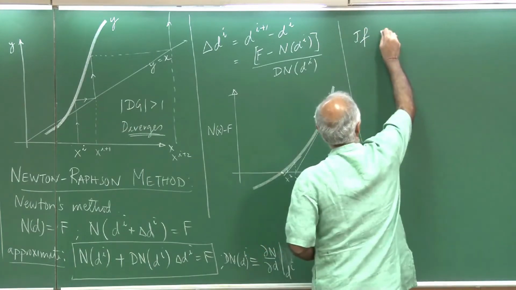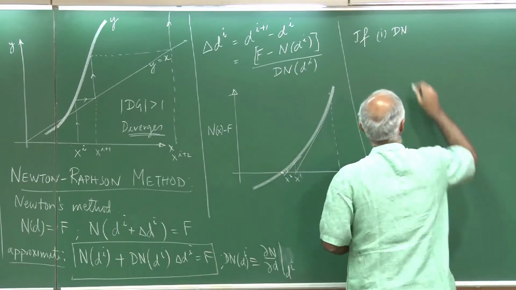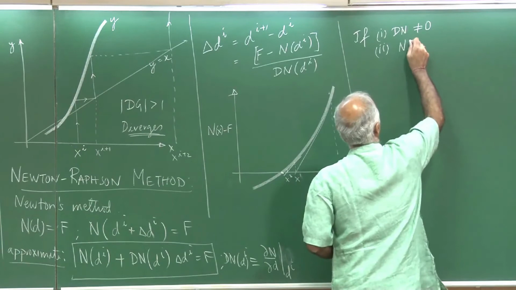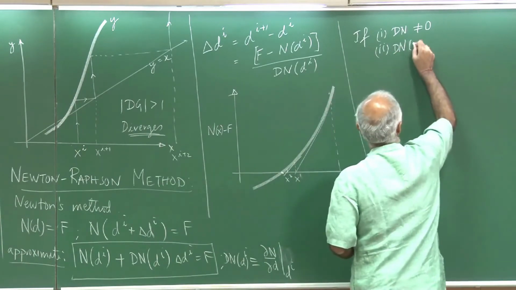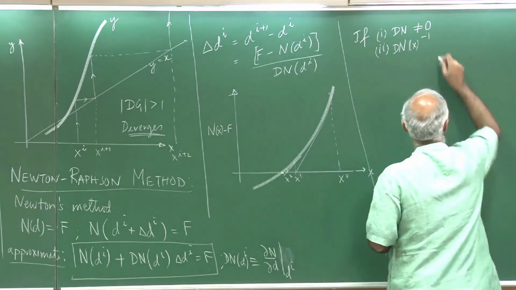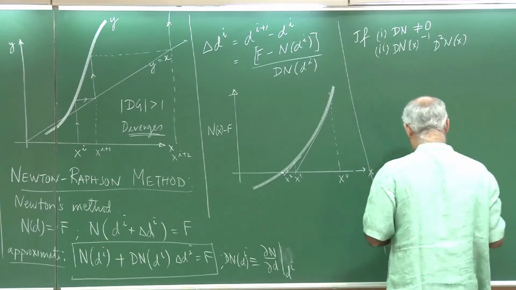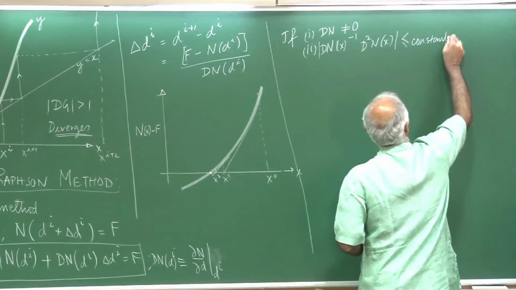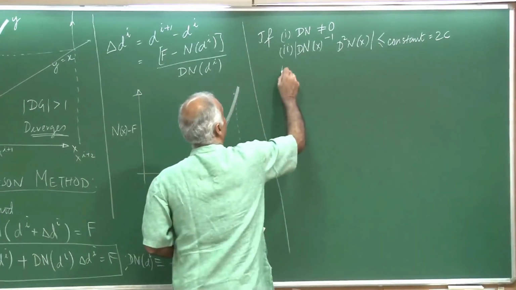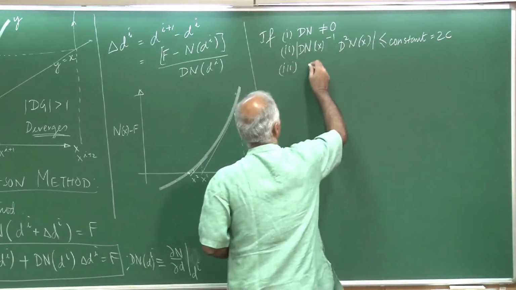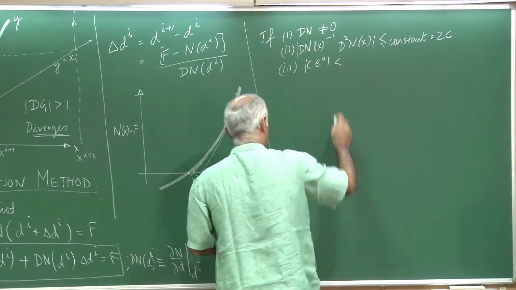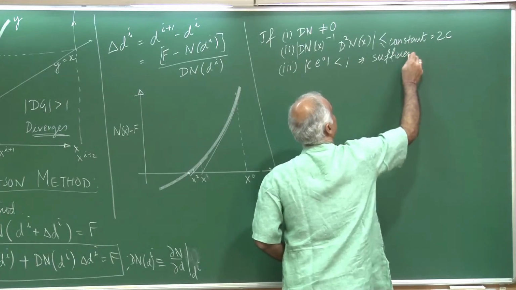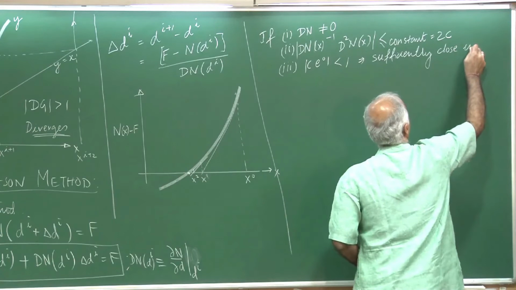So if I can show that first, dN is not equal to 0 in the interval, and I can show that dN of x inverse times d squared N of x is bounded, and let's say it's a constant, and let me call this constant 2c, and if there is a third condition, which is that c times E0 is less than 1, that means I have a sufficiently close initial guess.